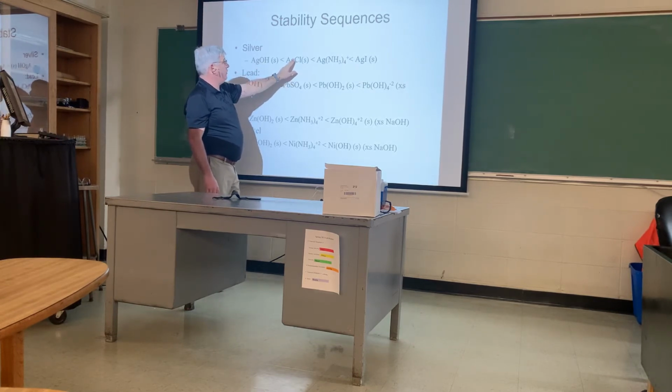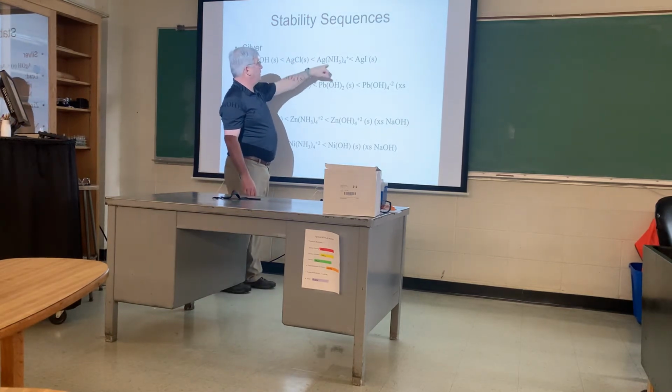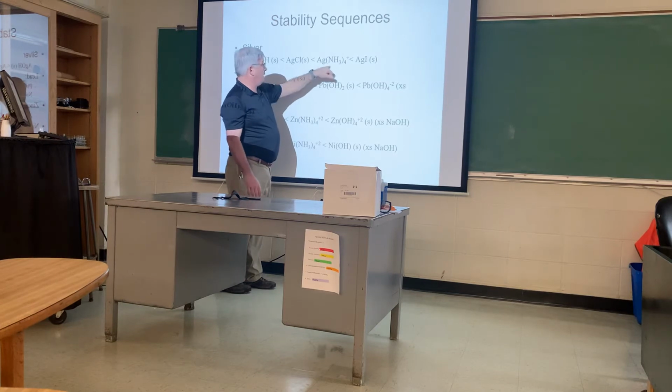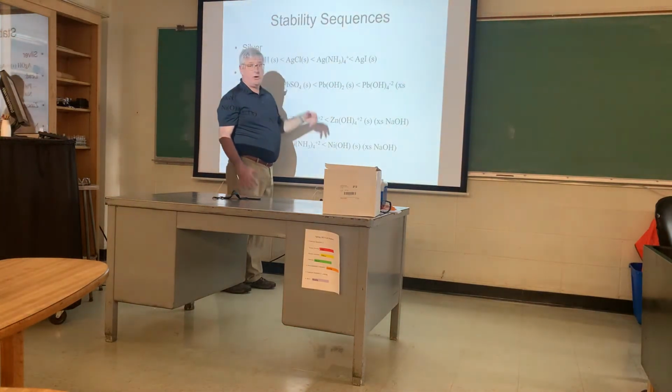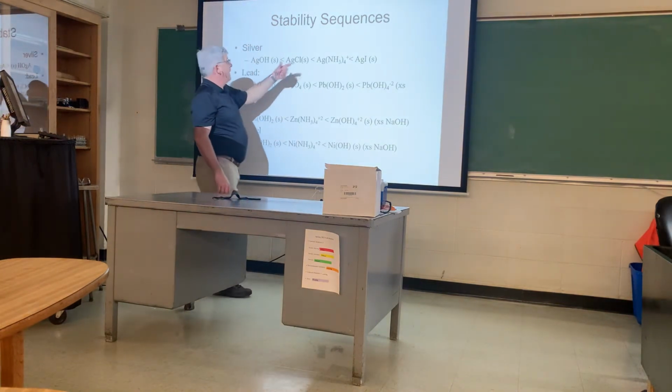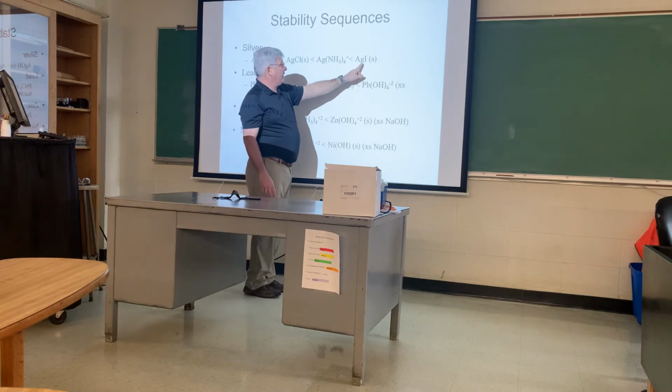If I add ammonia to that silver chloride, then it will actually go from solid back into solution with the charged complex. So remember, things that are charged are dissolved. And then I can force that silver to precipitate back out by adding silver iodide. And so this is the end of my stability sequence.